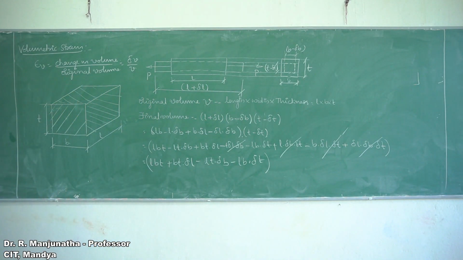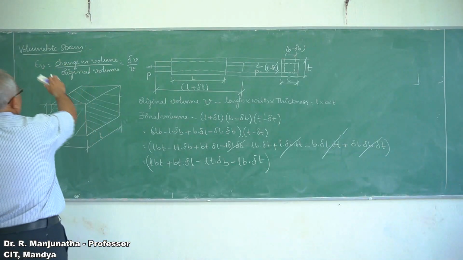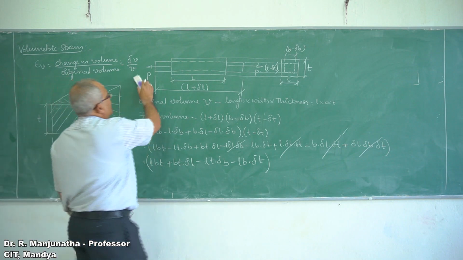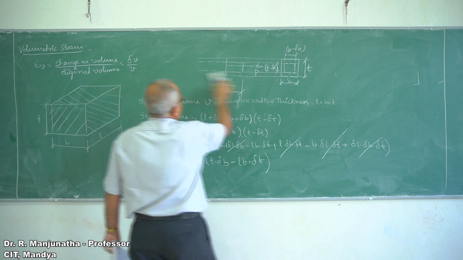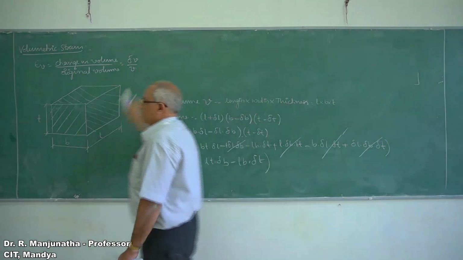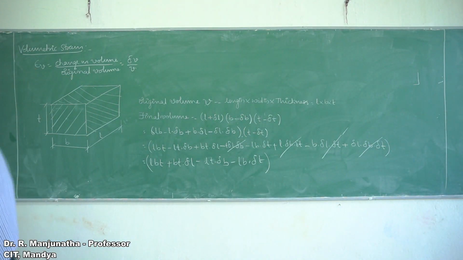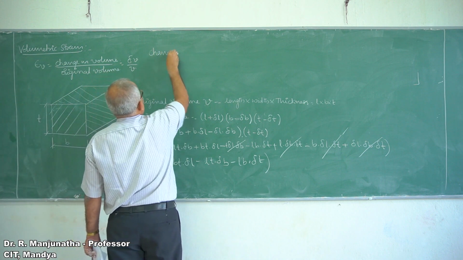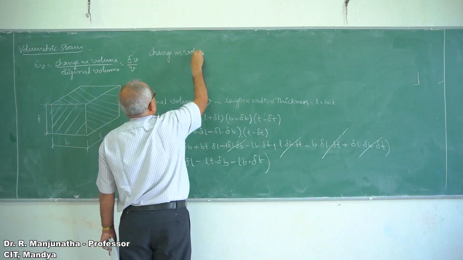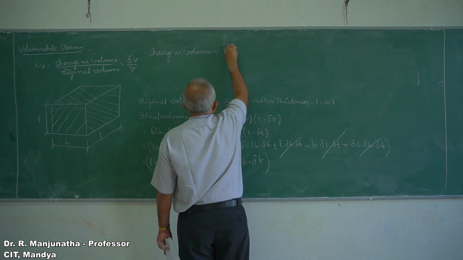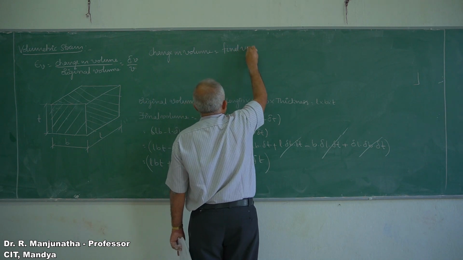Now we will apply this. I want to find out the change in volume. We have the original volume and we have the final volume. To find the change in volume, the change in volume will be equal to final volume minus original volume.